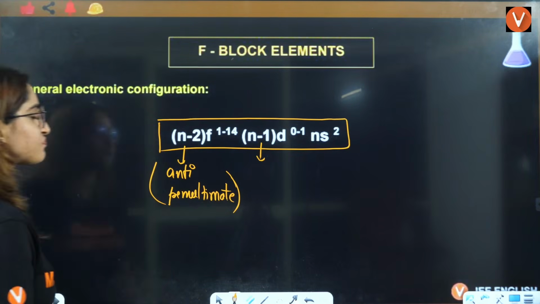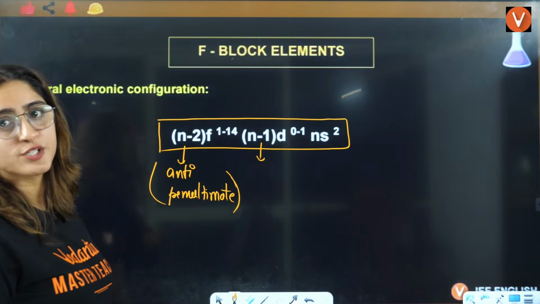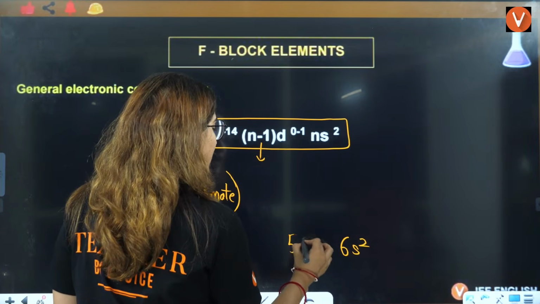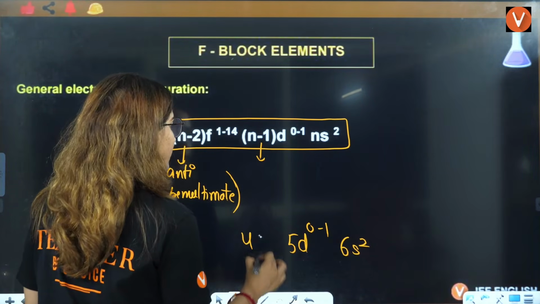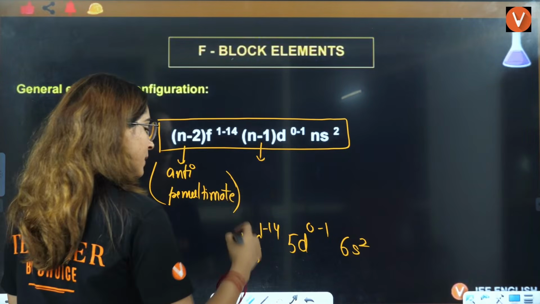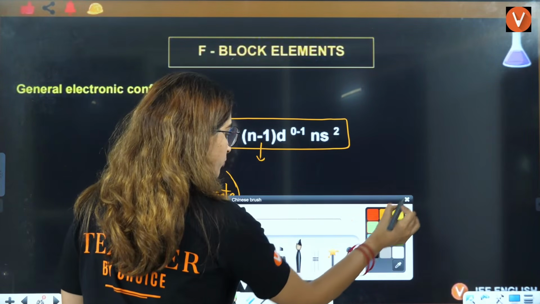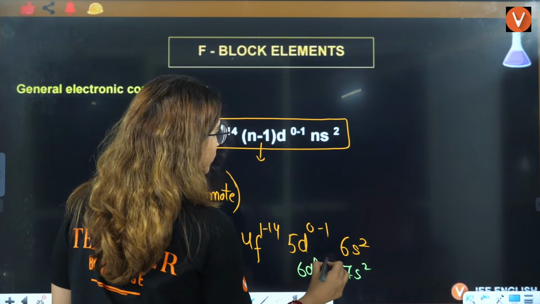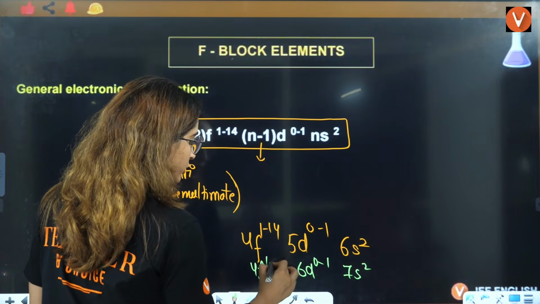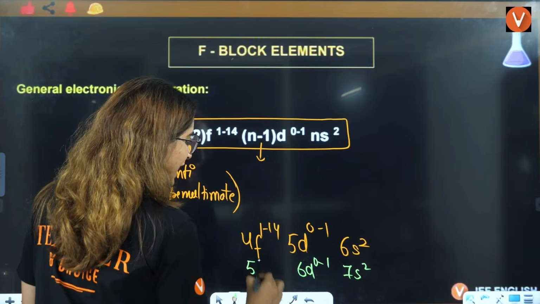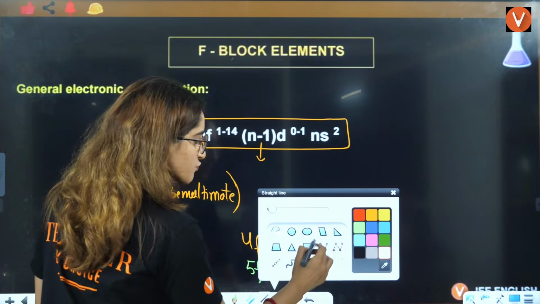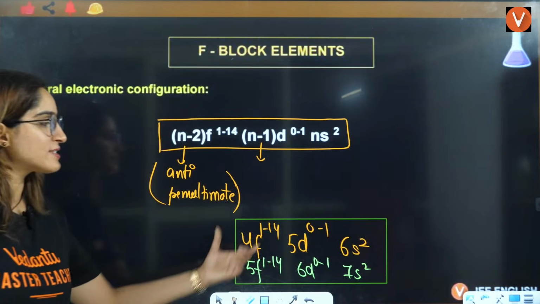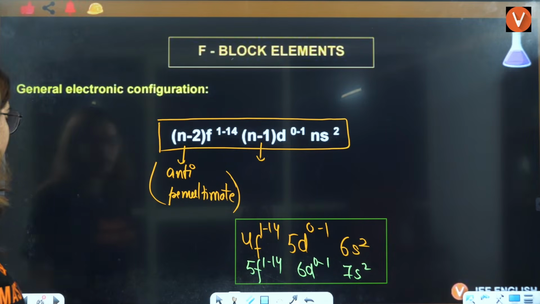For lanthanoids it will be 6s2, 5d0 or 1, and 4f1 to 14. In the case of actinoids, it is 7s2, 6d0 or 1, and 5f1 to 14. This is the general electronic configuration for lanthanoids and actinoids.